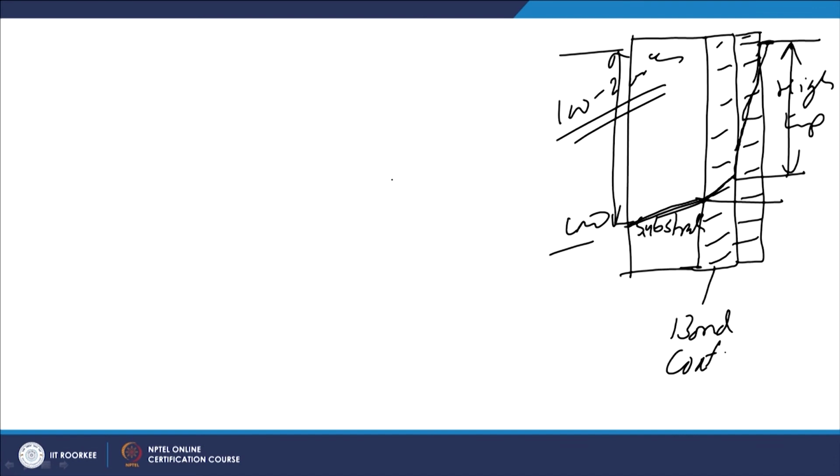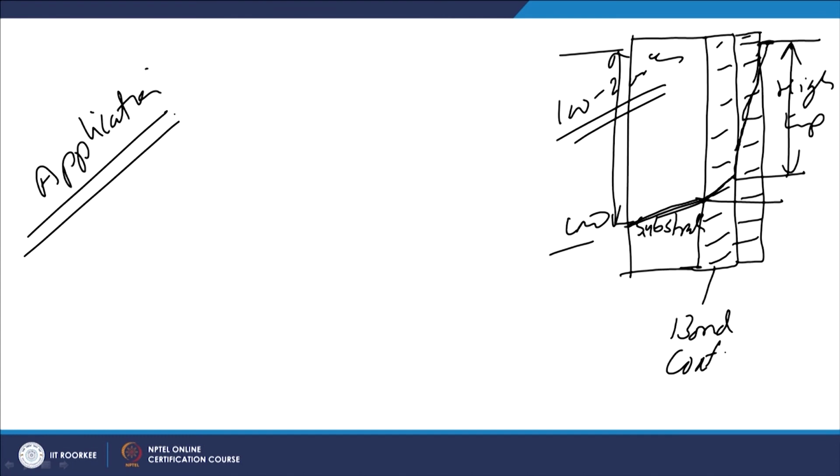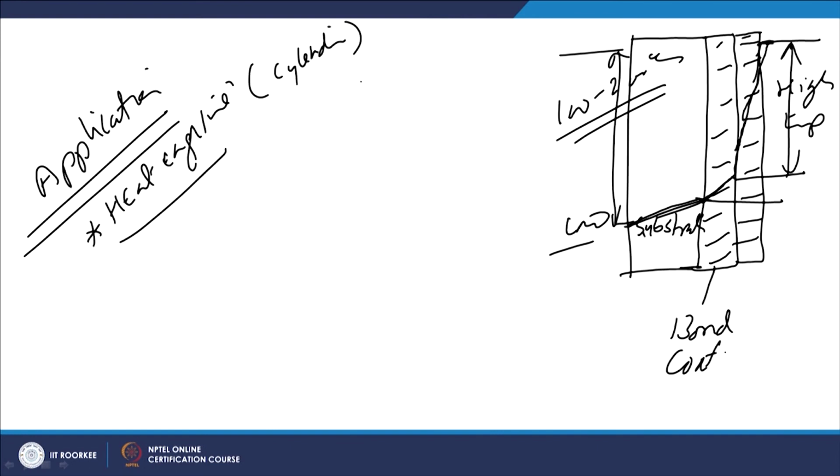As far as the application of the thermal barrier coating material is concerned, it is normally used in heat engines or IC engines, in the cylinders, so that the heat loss to the surrounding, the heat loss to the coolant, is reduced, which in turn helps to increase the thermal efficiency of the engine.